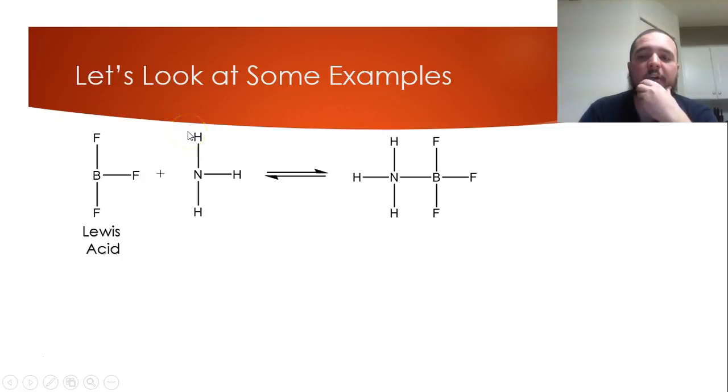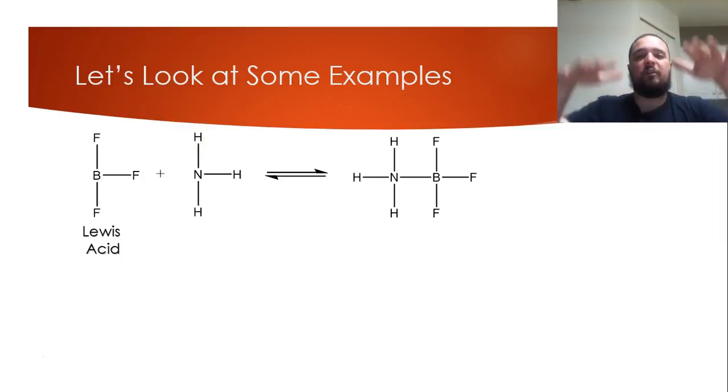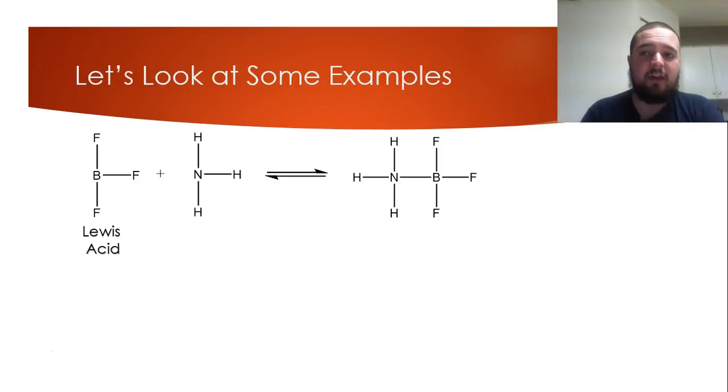And in regards to energy, what we know about molecules is they want to get to the lowest energy that they possibly can. So that's why Lewis acid. I was wrong the first time, but the Lewis acid is going to accept the electrons from the ammonia complex, which makes ammonia the Lewis base, which donates the electrons. So this ending product is actually lower in energy than this ammonia, but it's higher energy than this Lewis acid.